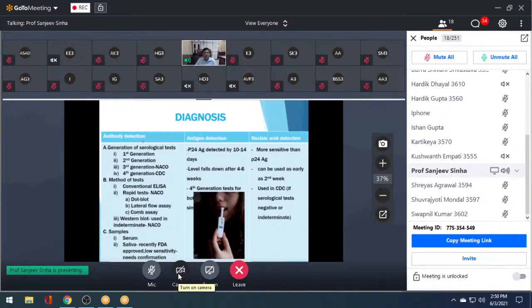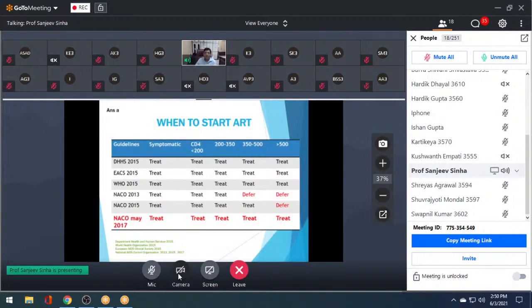So there are three kinds of investigation: one is antibody, another is antigen, and the third is nucleic acid. I hope you get a more detailed idea about these investigations in microbiology.